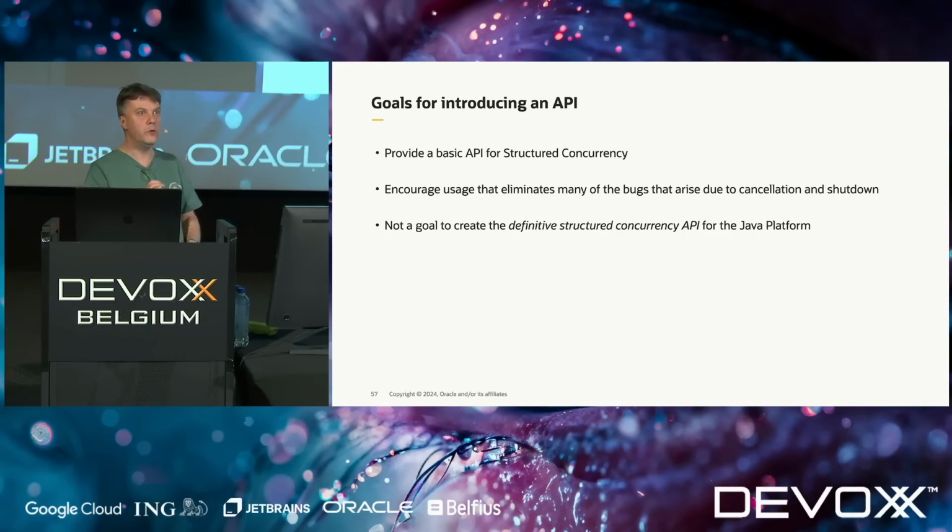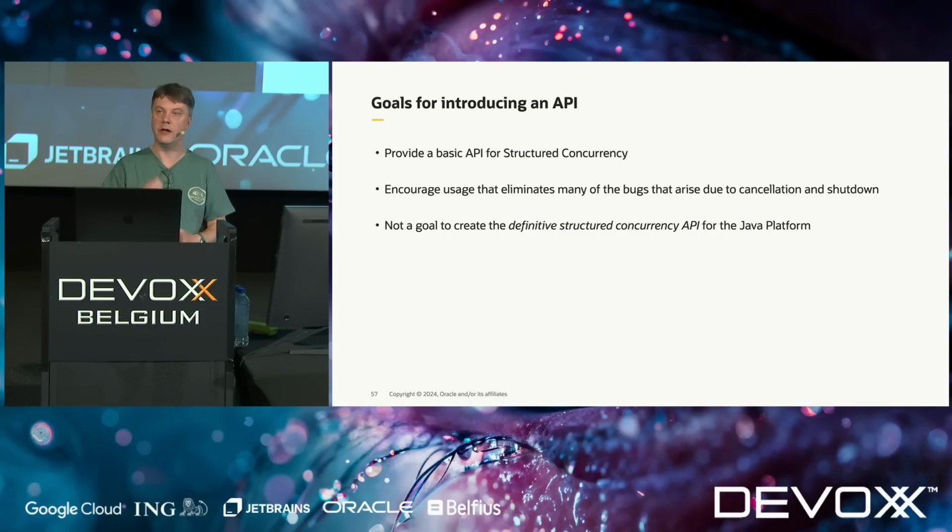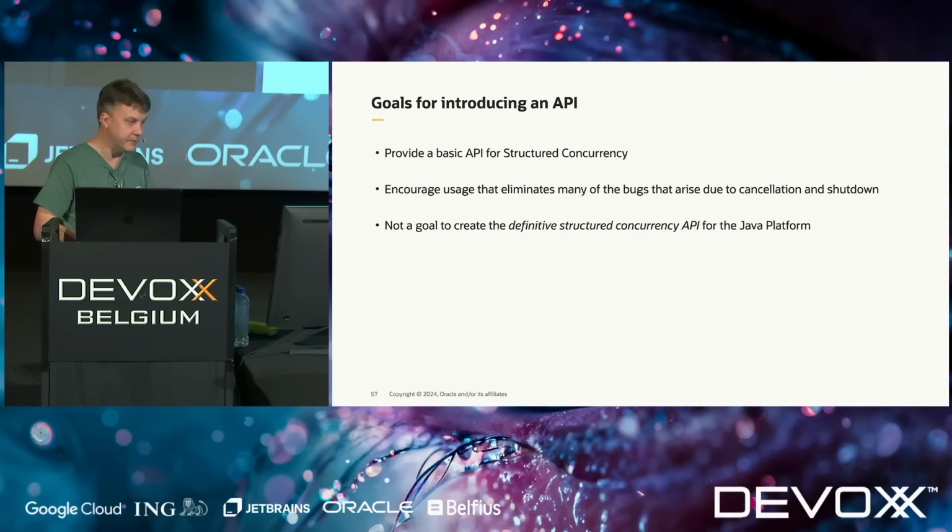So what we have been focused on is trying to expose a very basic API, at least an on-ramp towards structured concurrency. The idea is to encourage a kind of use that would avoid some of the bugs that you would run into if you attempted to do the shutdown, cancellation and cleanup that you would get without this kind of an API.